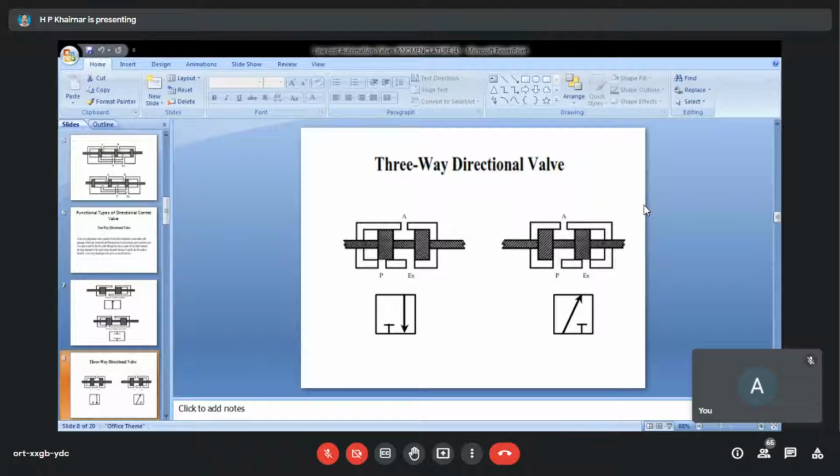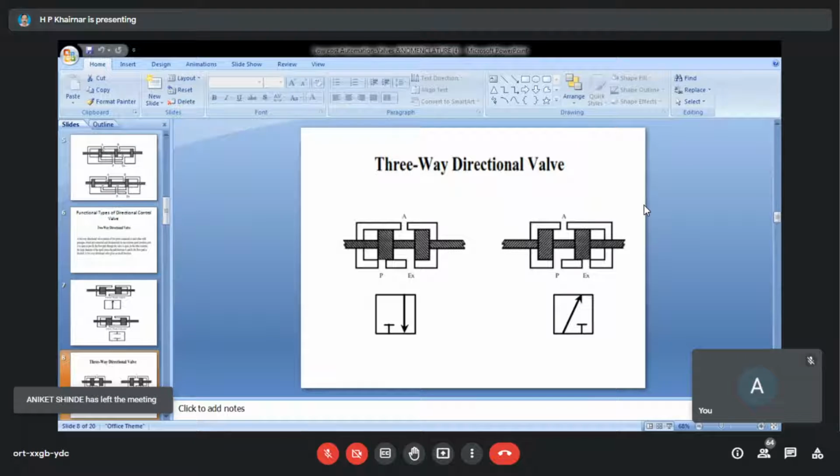A is the port which is normally connected to the actuator, and mostly it is a single acting cylinder or double acting cylinder. Now, if this is the condition, how will you indicate it in the symbol? That is the symbol drawn over here: a reverse arrow and one T. The T shape means the shut off position. So which position is shut off? P.